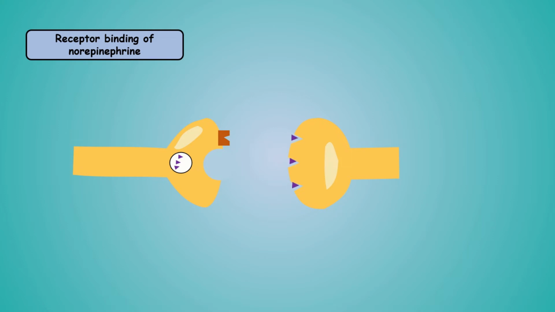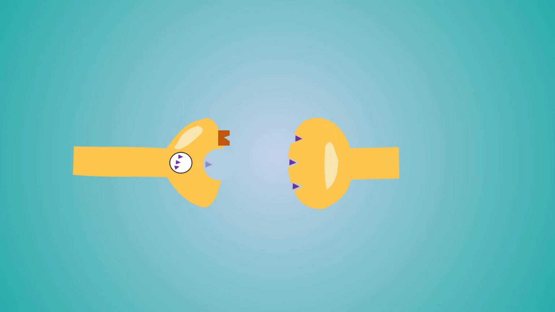Binding to receptors: norepinephrine released from the synaptic vesicles diffuses into the synaptic space and binds to postsynaptic receptors on the effector organ or to presynaptic receptors on the nerve ending. Binding of norepinephrine to postsynaptic receptors activates a characteristic set of physiological responses. Presynaptic receptors are sites at which norepinephrine inhibits the release of more norepinephrine from its axon terminals.